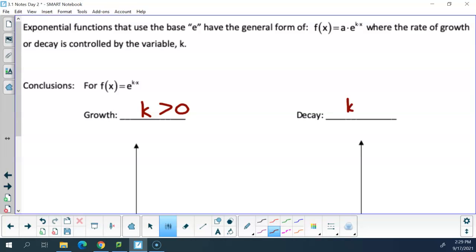If k is less than 0, it decays. Now, I've told you those truths to be self-evident. You tell me why that makes sense.